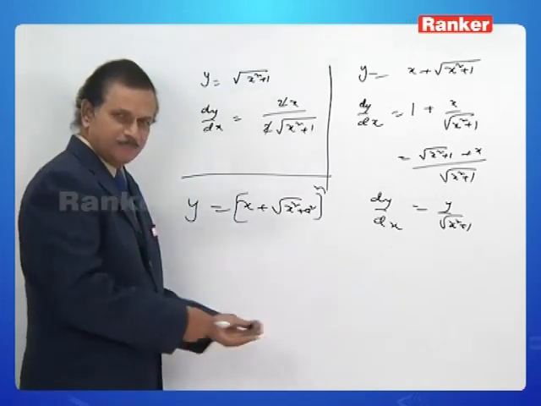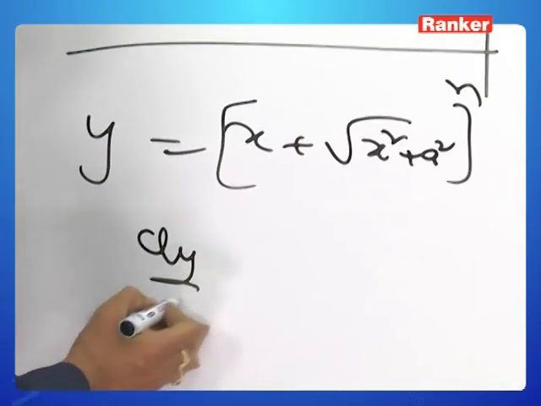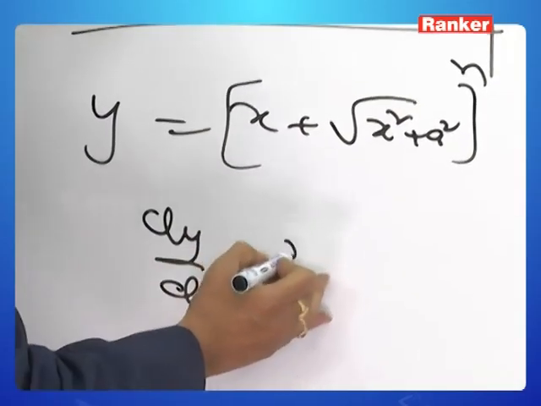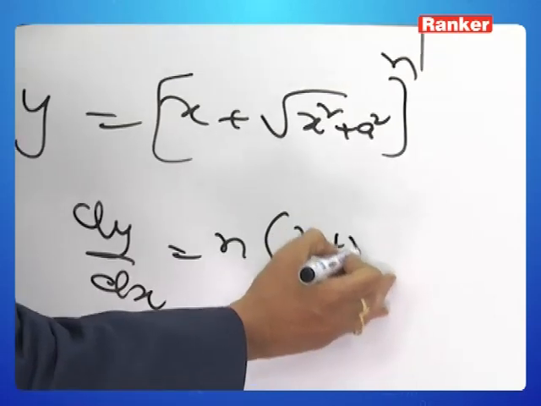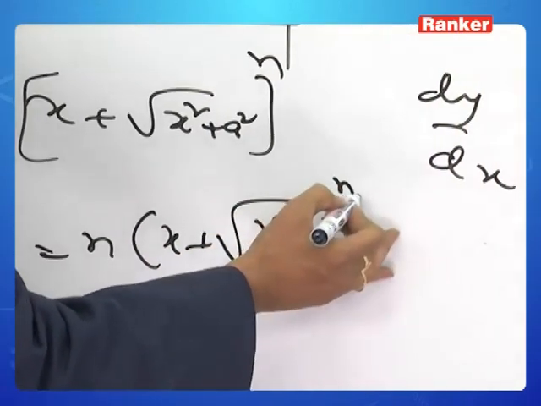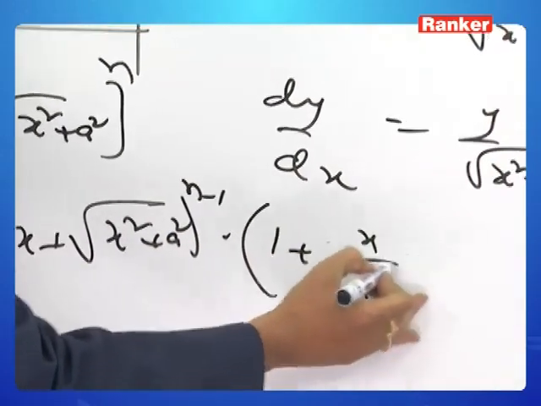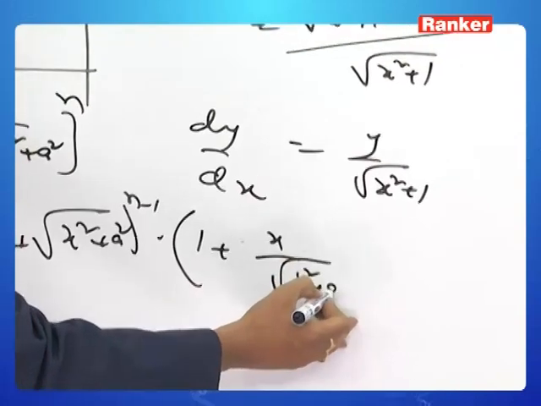Okay, let us observe its proof. dy by dx is equal to n into x plus root of x square plus a square whole to the power of n minus 1, into 1 plus x by root x square plus a square.